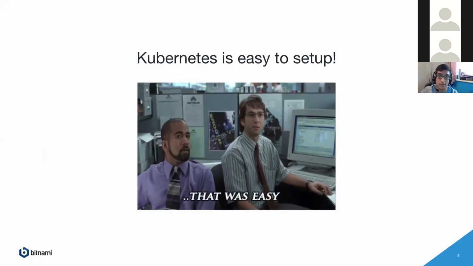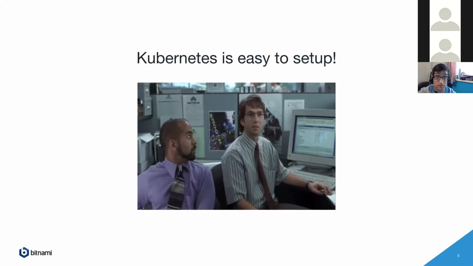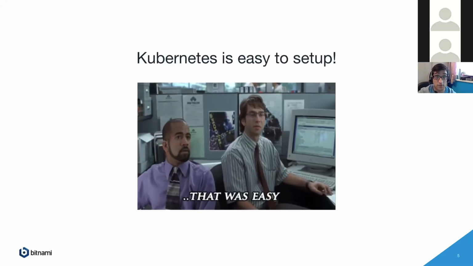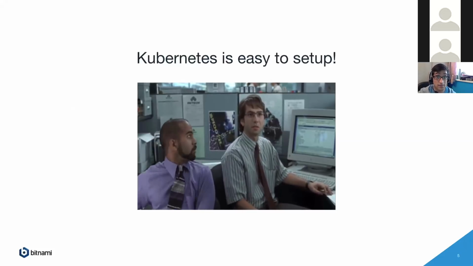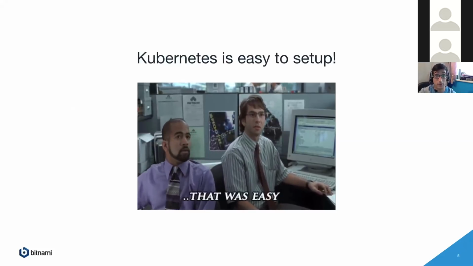So with Kubernetes, we've gotten to a point today where I think Kubernetes is pretty easy to set up, right? I can go to one of the very many cloud providers to set up a cluster with GKE or AKS. I can even go to StackPoint Cloud and set up a cluster on pretty much any cloud provider.